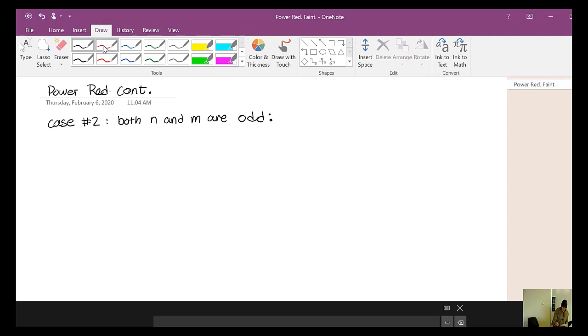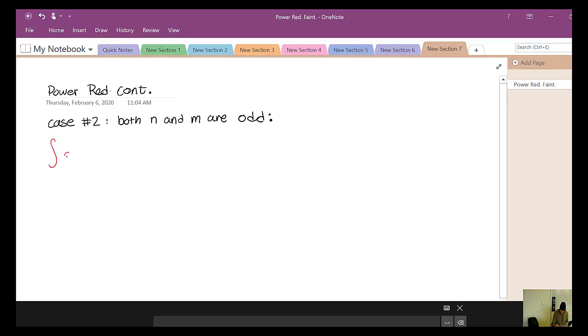In that case, the method we're going to use is u substitution, where u equals sine or cosine. You can use either.